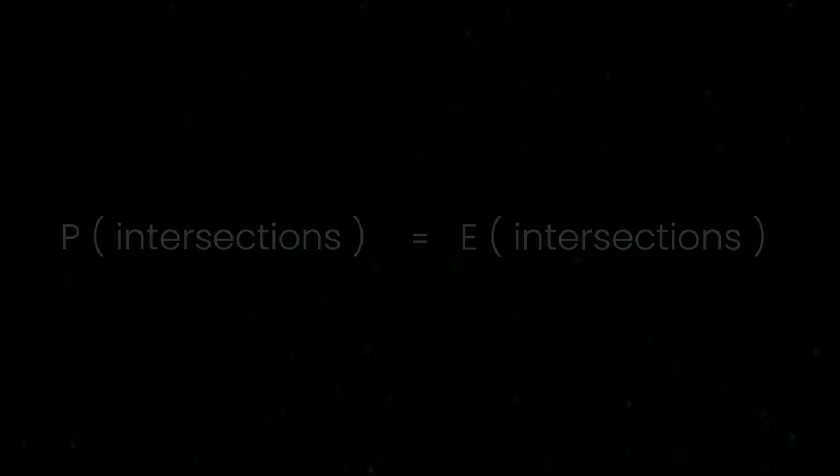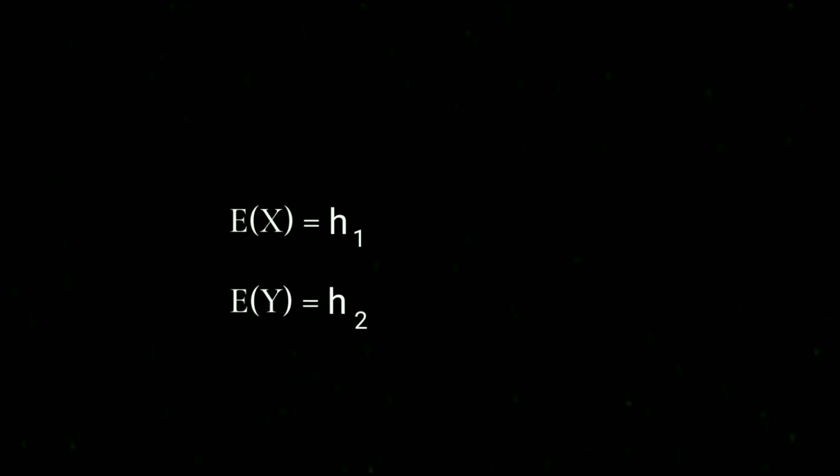Well, if this is true for the entire needle, it must also be true for any given segment of the needle, following the same independence argument from before. So h1 is also the expected value of capital X, and h2 is the expected value of capital Y.